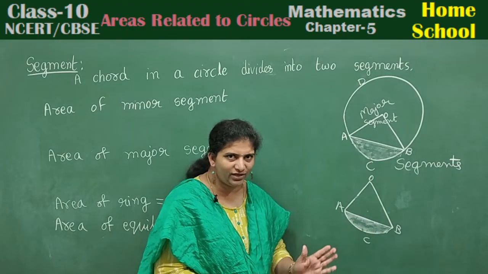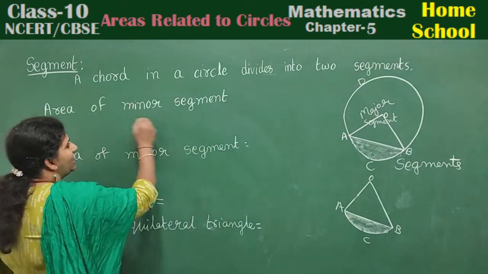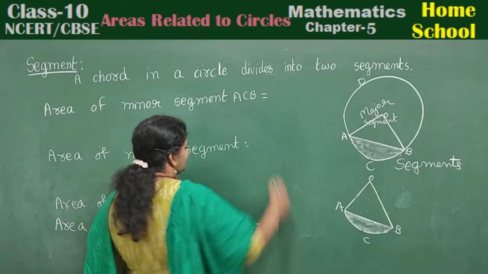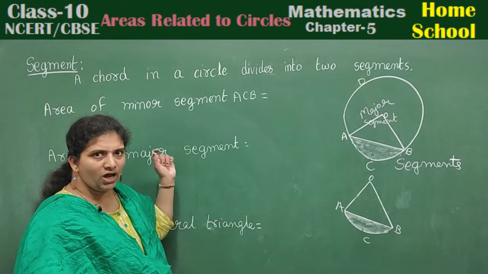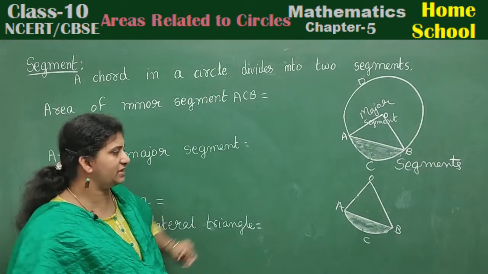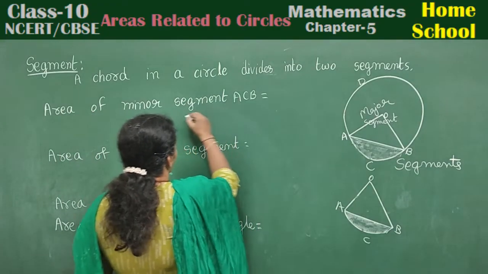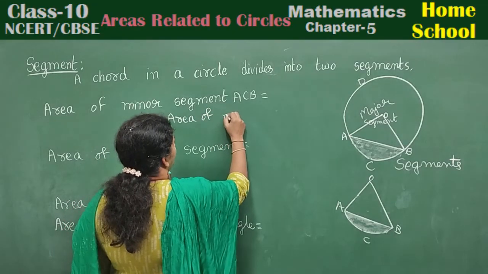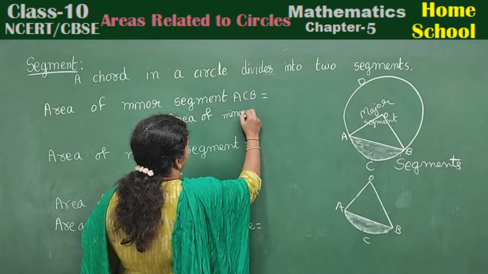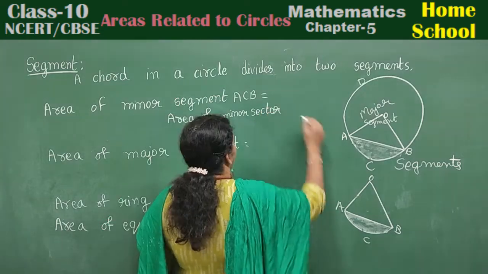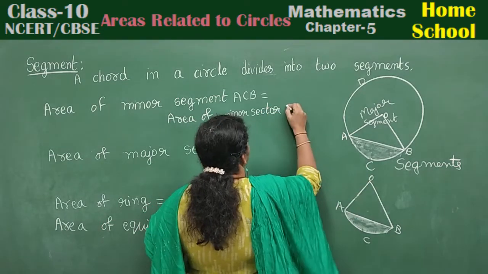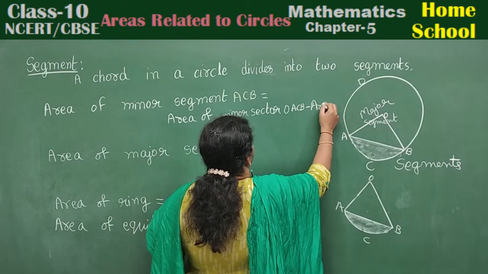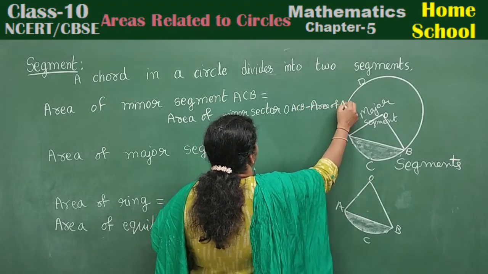Understand the figure carefully. Frame the formula. Area of minor segment ACB is equal to area of minor sector, you can write OACB, minus area of triangle.